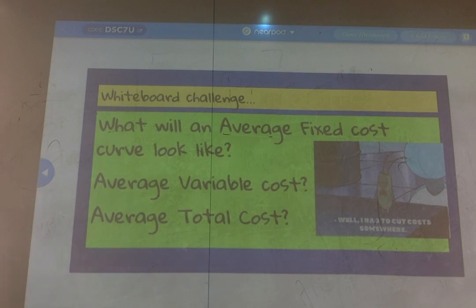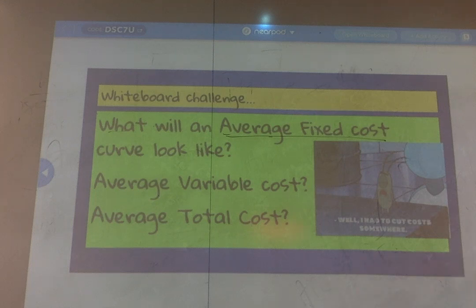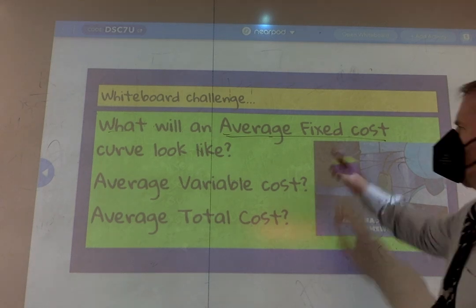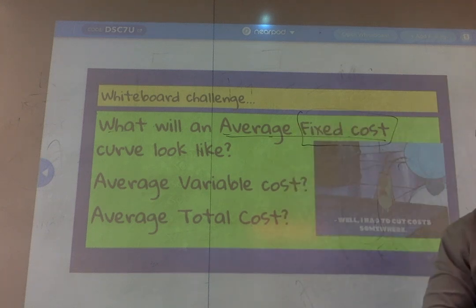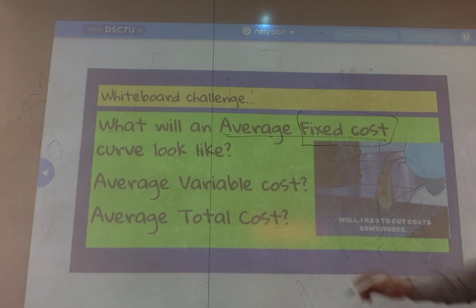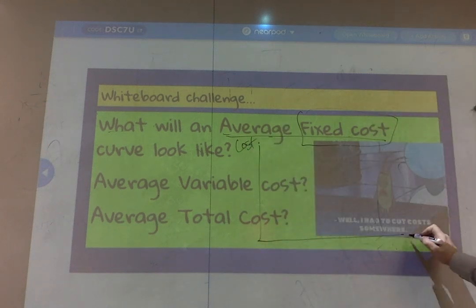So if we take the average of your fixed costs, your total fixed costs, they're going to be one number, yeah? So what is your average of that number going to look like? Same number. Well, your fixed costs, they don't change. But do the average numbers change? Yes, they do. So if you're going to draw it, what will it look like?